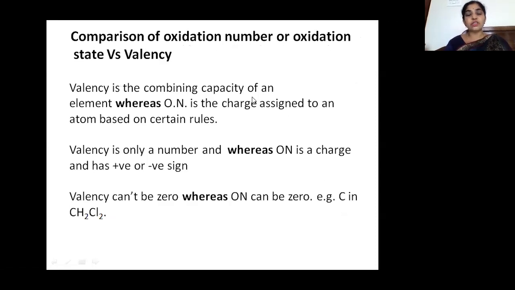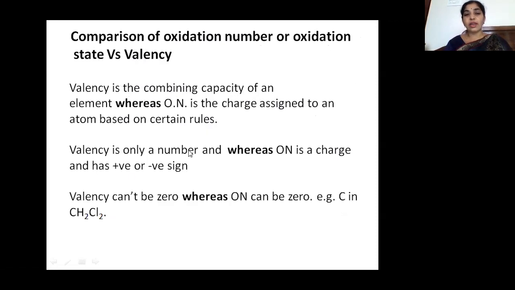Let us look into the comparison of oxidation number versus valency. Valency is the combining capacity of an element, whereas oxidation number is the charge assigned to an atom based on certain rules.